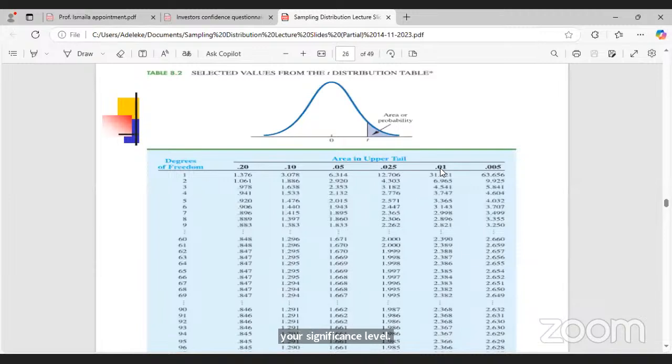That value of alpha will be given, and the degrees of freedom will also be given. So if I have degrees of freedom of 7 and my alpha is 0.1, all I need to do is to trace my degrees of freedom column to 7 and then check the alpha to be 0.1, and the value there will be 1.415.